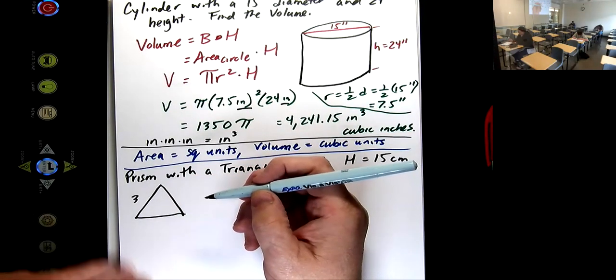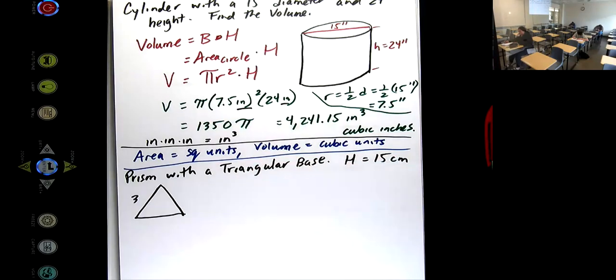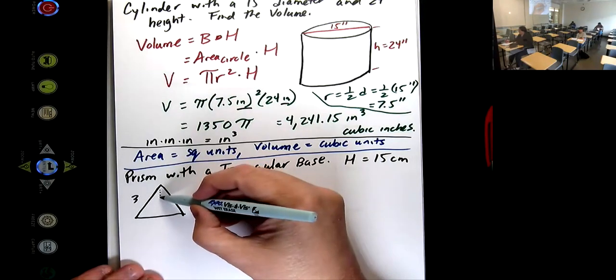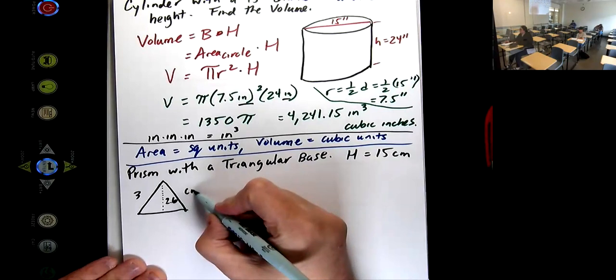Right there. I don't know what that value is. Second. 2.6 is the height. And those are also in centimeters.